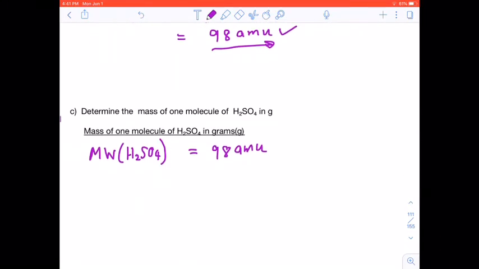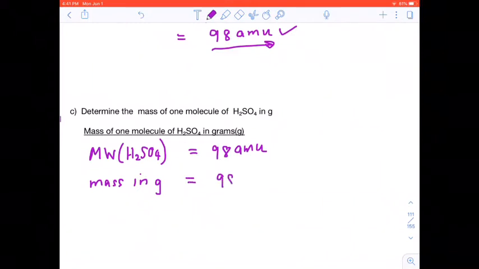But if I want it in grams, then the mass in grams is equal to 98 times what's my atomic mass unit?